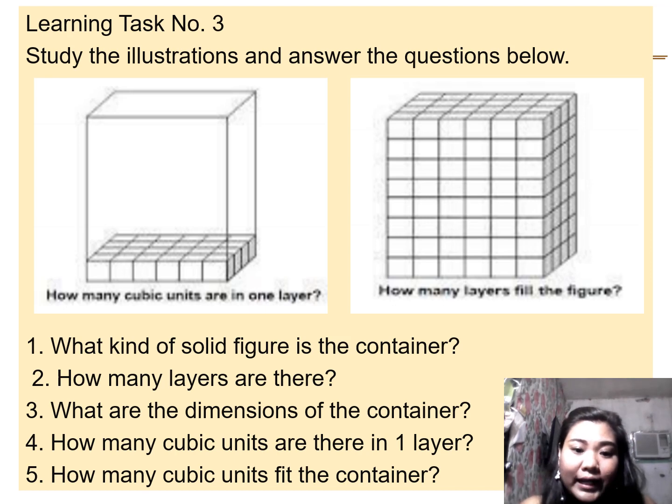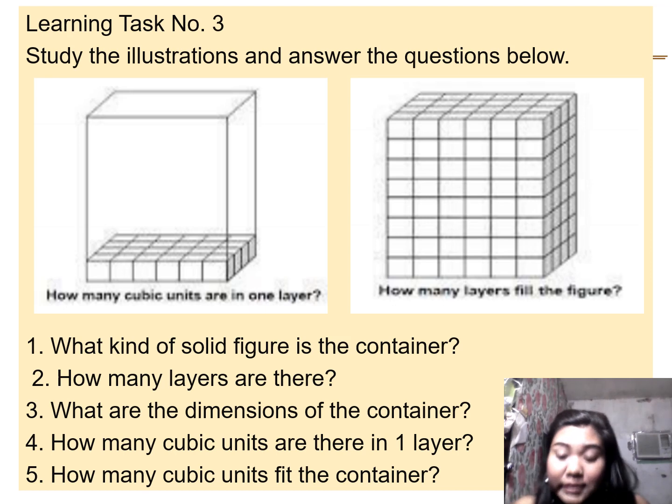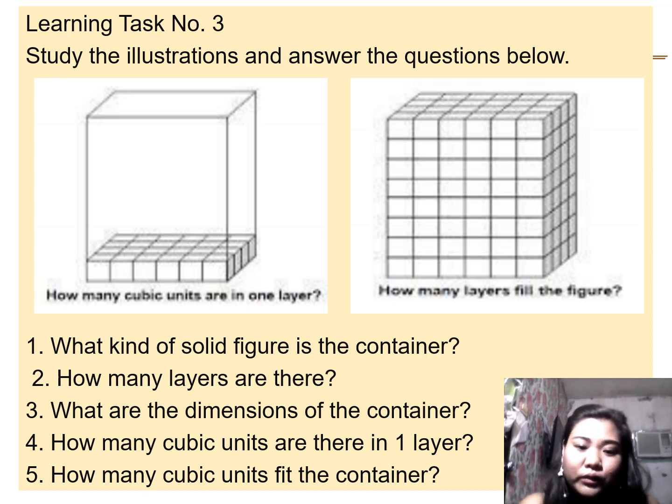Let's look first. How many is the width? 1, 2, 3, 4. So, the width is 4. Then the length, 1, 2, 3, 4, 5, 6. So, the length is 6. In this layer, we have 24 cubes. First question, what kind of solid figure is this container? Is it a rectangular prism or a cube?